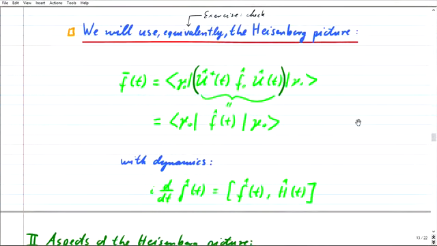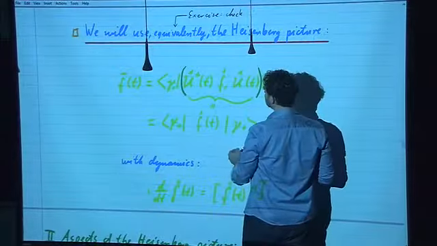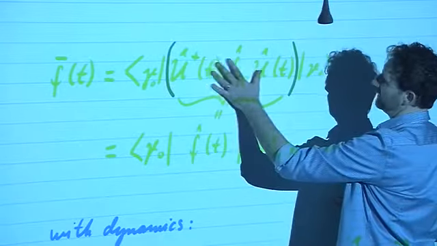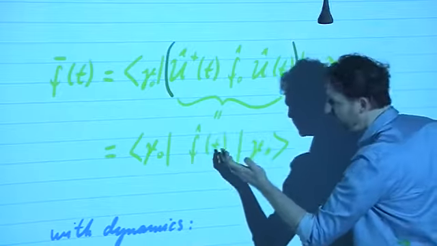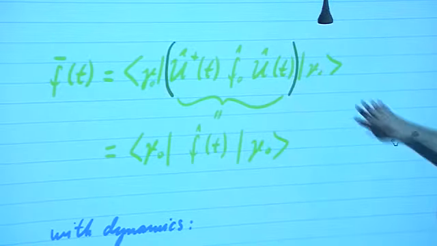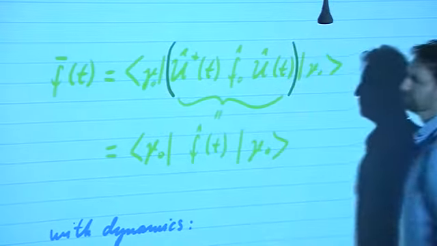Equivalently, we can use the Heisenberg picture. We take the equation that I had earlier, and we are now putting brackets differently. Now we bracket this way. And in this case, it's the operators that become time dependent, and they are now called f hat of t, and the states are frozen in time.